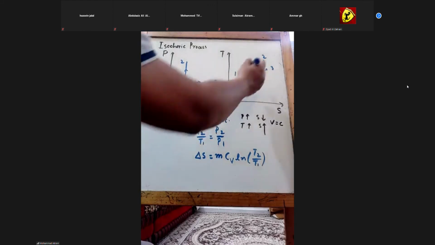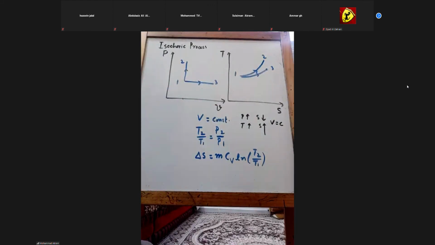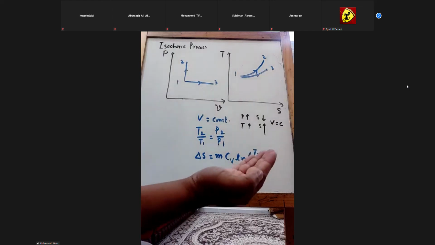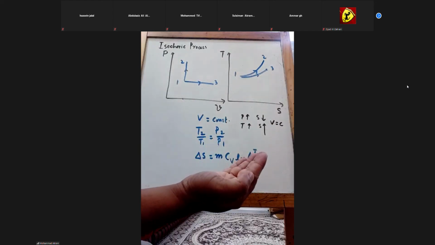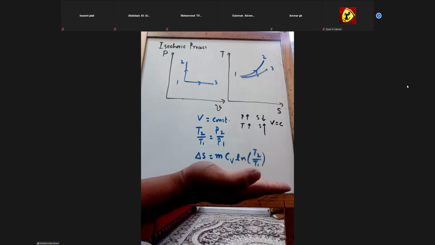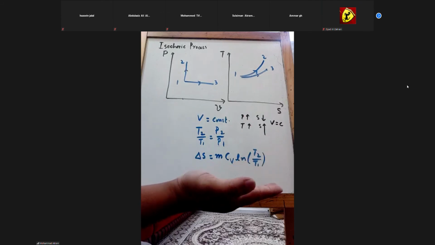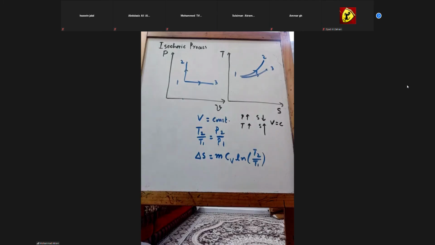Now, if you see the slope is different, right? Slope, you know slope, right? This is high slope and this is lower slope, right? If it is horizontal, no slope. Okay. So which process has lower slope here? Constant volume or constant pressure? Constant pressure.